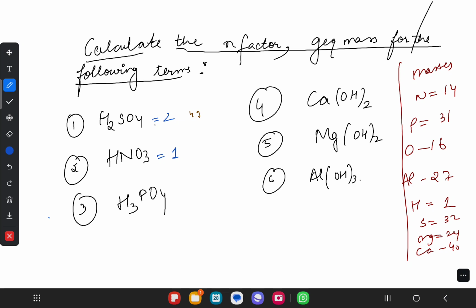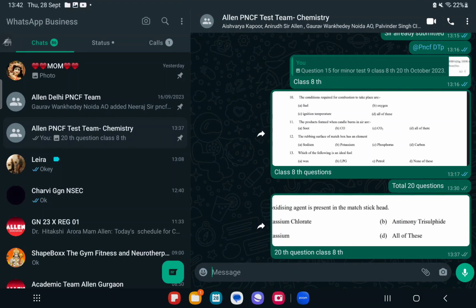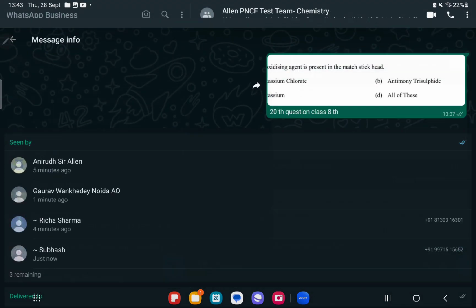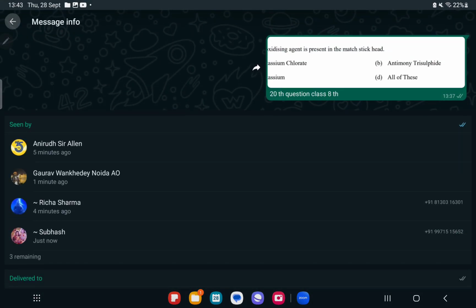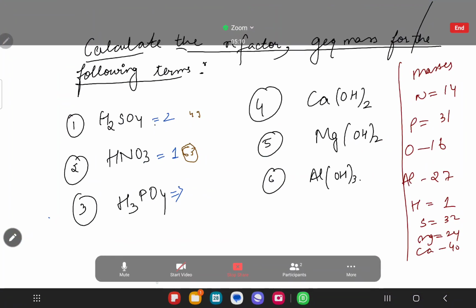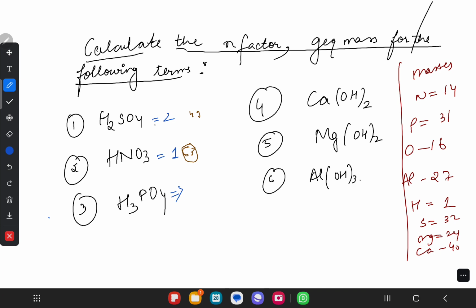Okay, 63, that's the gram equivalent. Now the N factor for H3PO4. 3 plus 31 plus 16 times 4 is 98, and the N factor is 3.